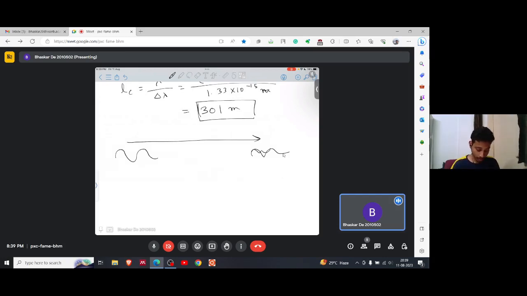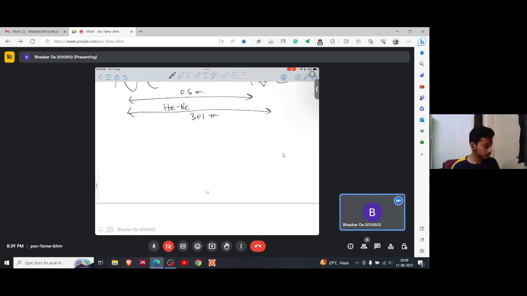So for mercury vapor lamp, this direction is only 0.5 meter, but for helium neon laser, it is 301 meter. So the relative phase is preserved even after 300 meter. Now there is the second coherence. Is there any doubt regarding this coherence?